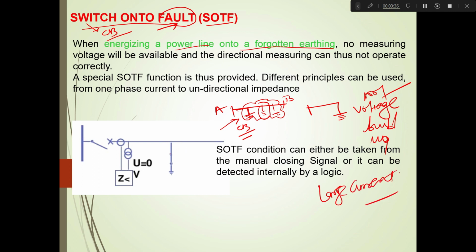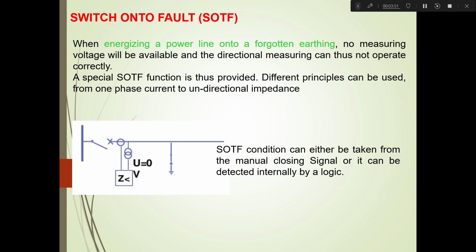Since the voltage doesn't build up, the directional measuring element of distance protection cannot operate correctly because it depends upon the voltage polarization. At the same time, since we have a large current magnitude, we can enable a protection function which depends upon the flow of current only.